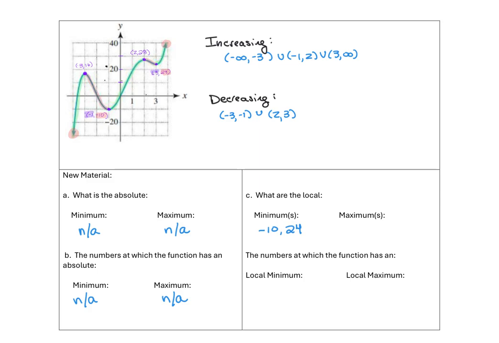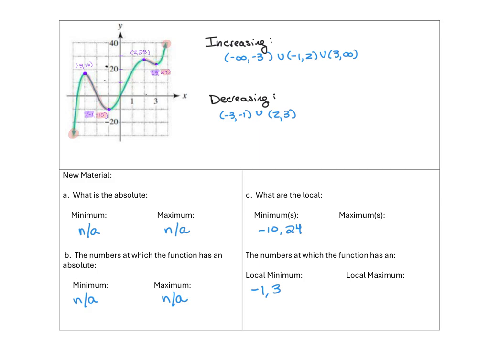And so these occur at negative 1 and 3. All right, that takes care of our local minimums.